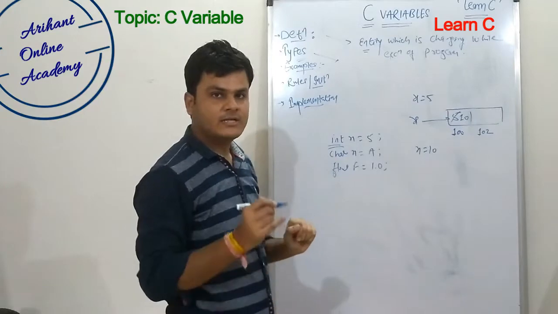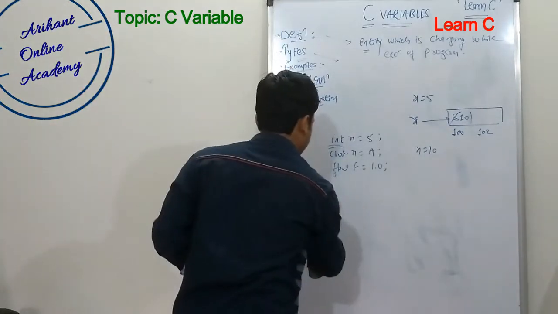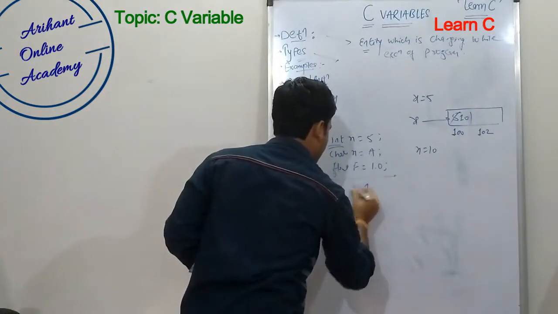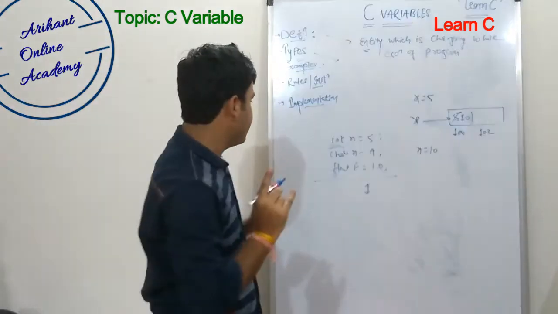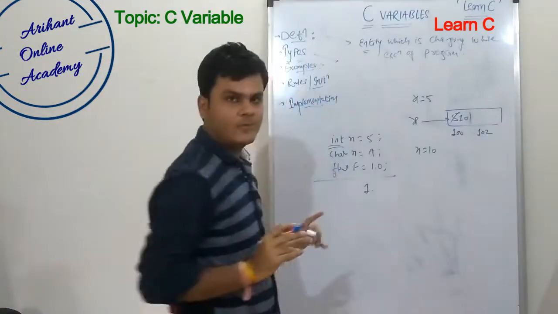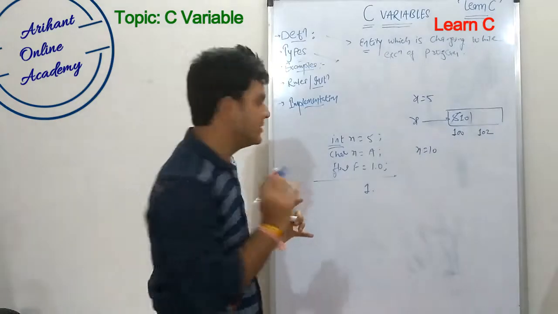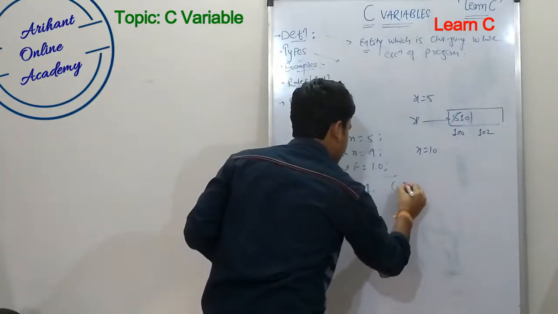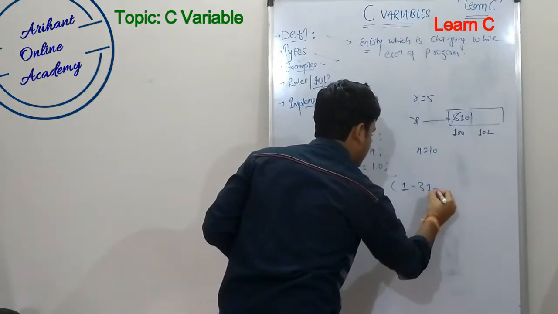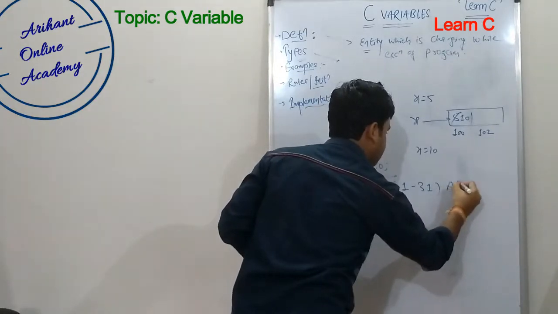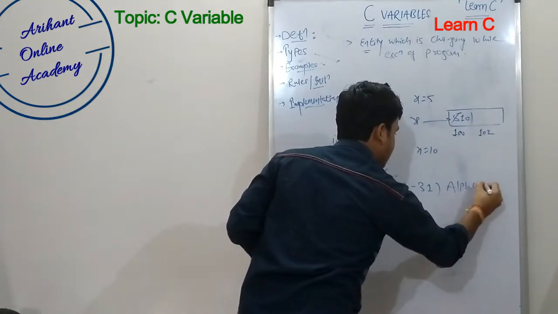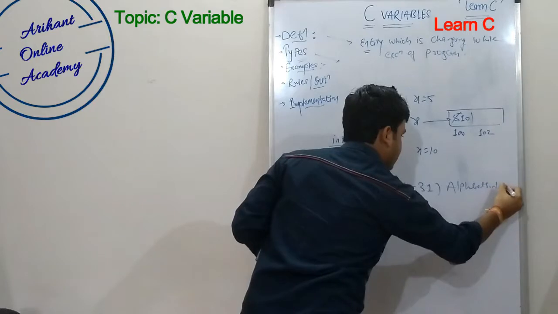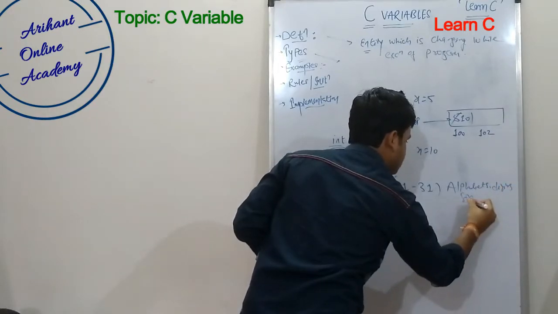There are basically different rules. The number one rule: you can make a combination of 1 to 31 letters, which can consist of alphabets, digits, or special symbols.